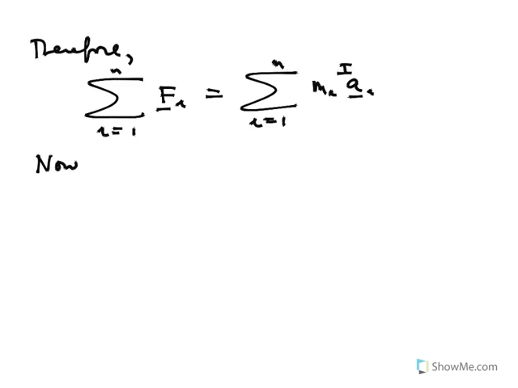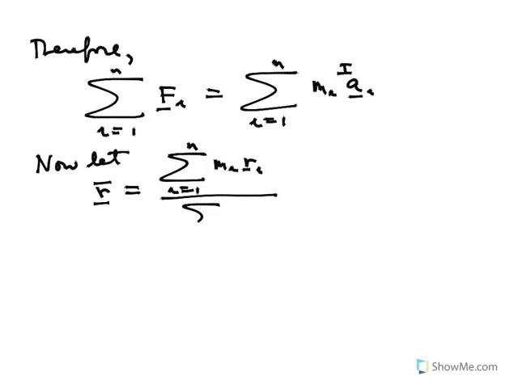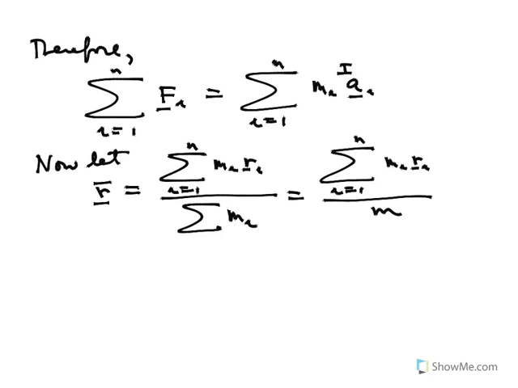Now, I'm going to call this quantity r bar equal the summation from i equals 1 to n of mi ri, all divided by the summation of mi. And this is going to equal the summation of mi ri from i equals 1 to n, all divided by m, where I'll define what m is.